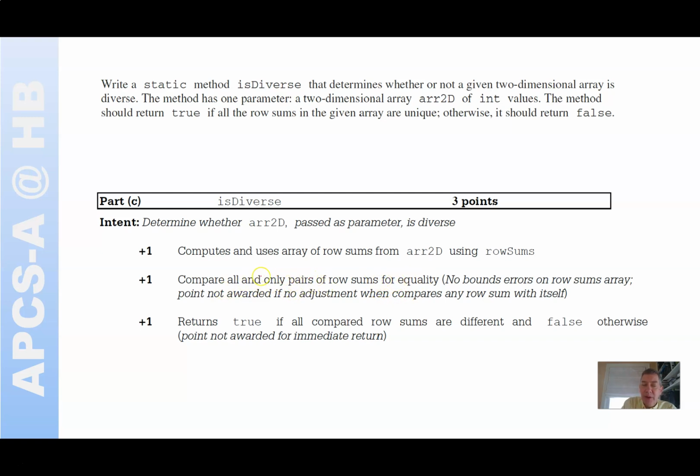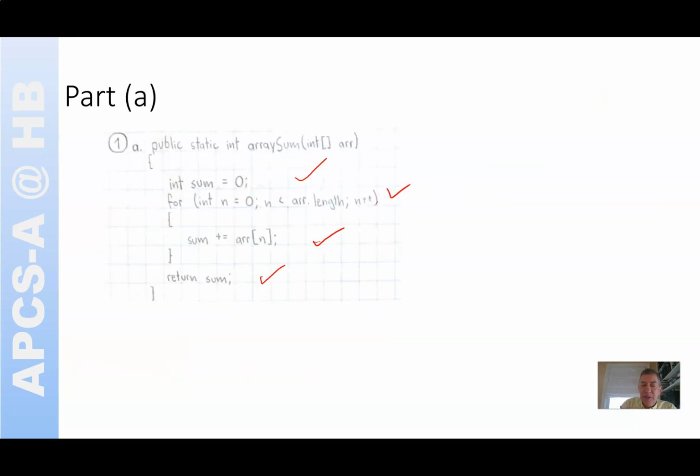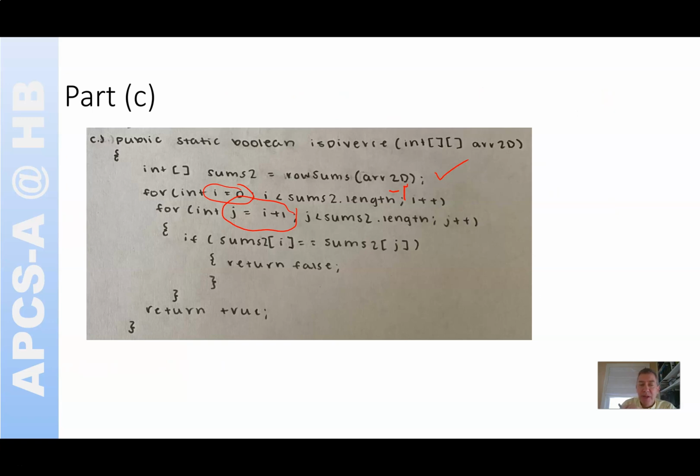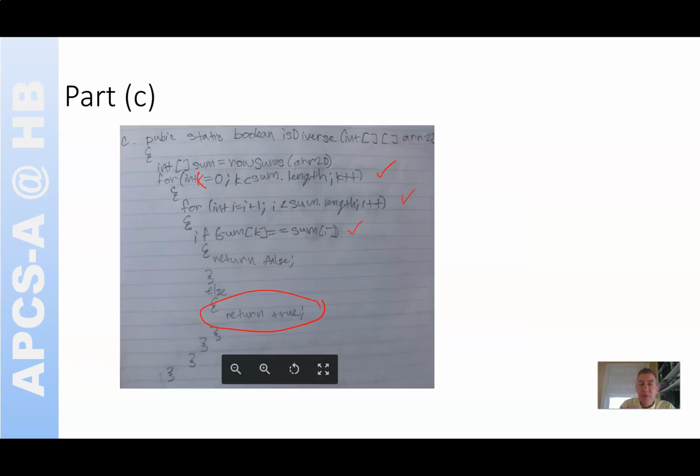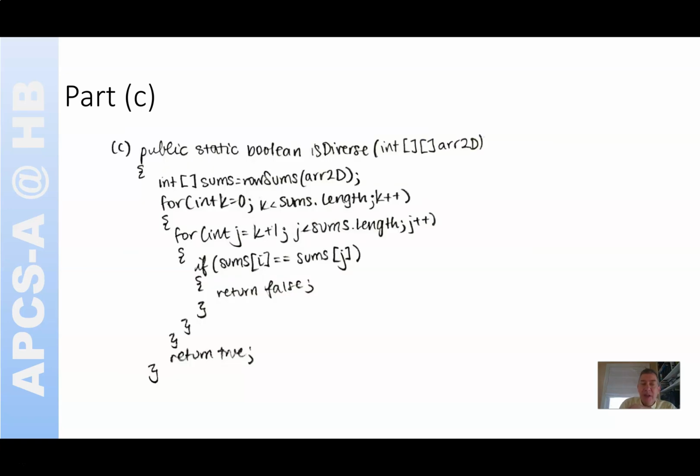It's comparing one pair. It's not comparing all pairs. Makes sense? It would also not get 0.1, this point, because it would return true basically every single time as long as the first two are not the same. So this one would get one of the 3 points there. Be careful where you're returning things.